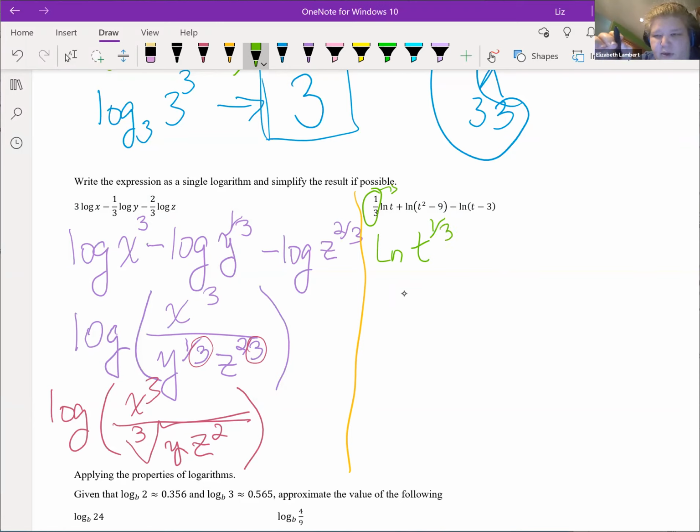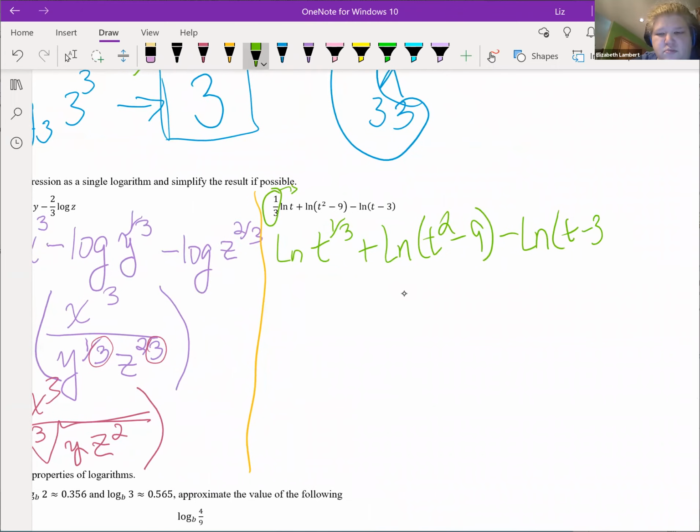So this is, for the moment, the natural log of t to the 1/3. And then we still have the other two. So the natural log of t to the 1/3 plus, I know how to deal with plus, I know how to deal with minus, so we're going to compress this into 1 right now.